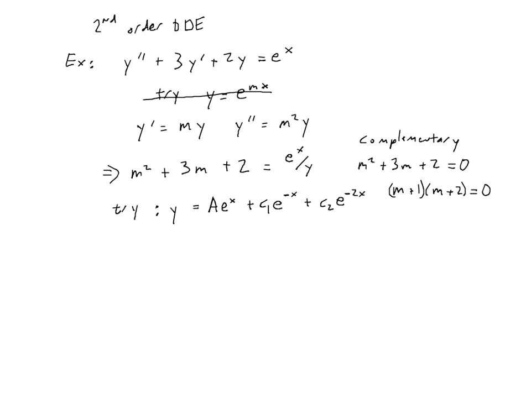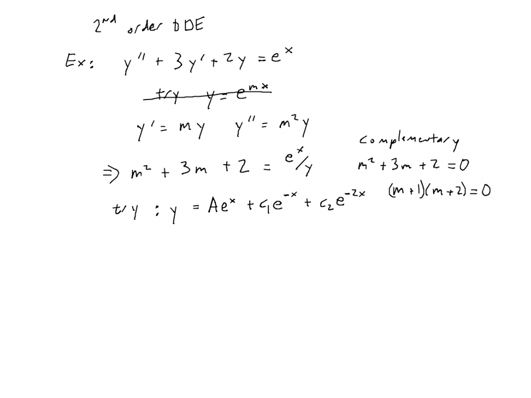And either one of those solutions satisfies the complementary solution, but neither one satisfies the solution over here because of the fact that you need a term that's like e^x in order for this to work. So the full solution that we're going to try here is essentially the sum of the complementary solution and the particular solution. That makes sense to everybody?